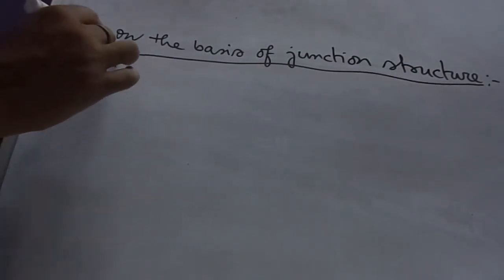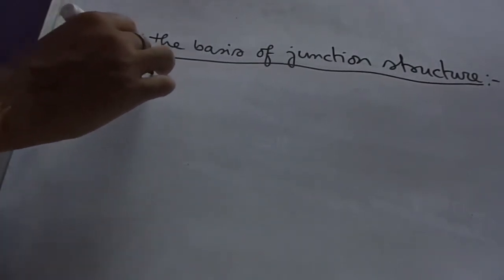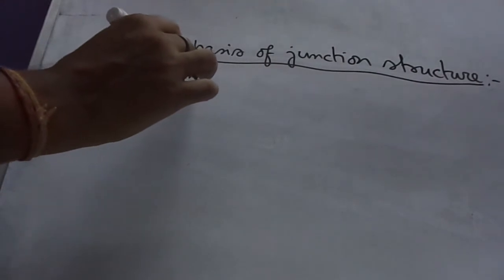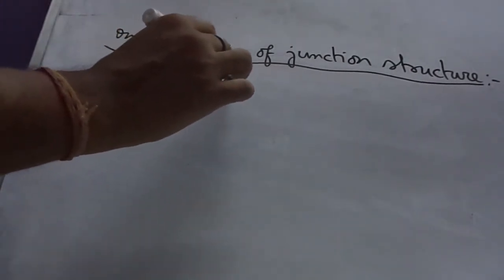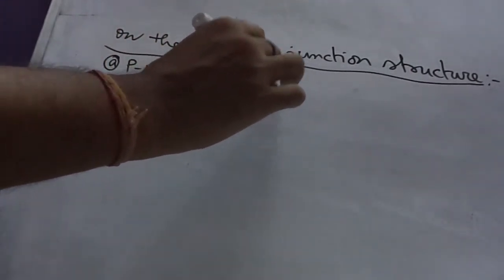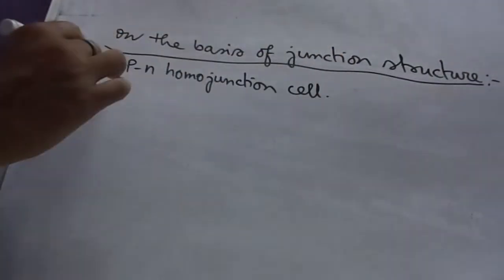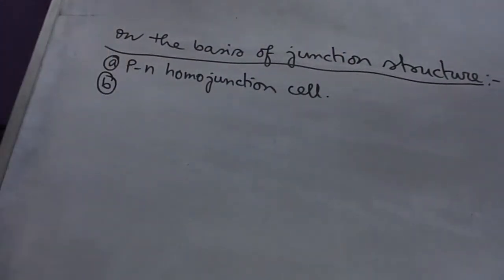First is the PN homojunction cell. Second is the PN heterojunction cell.